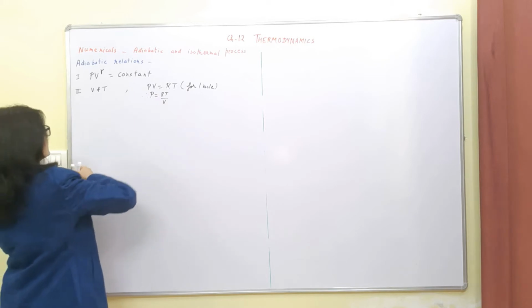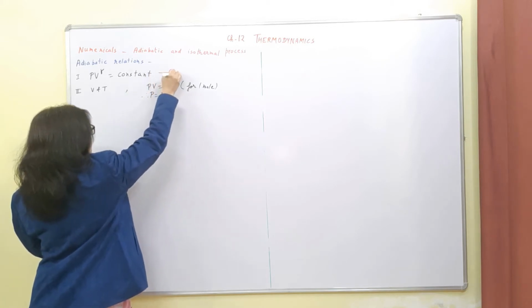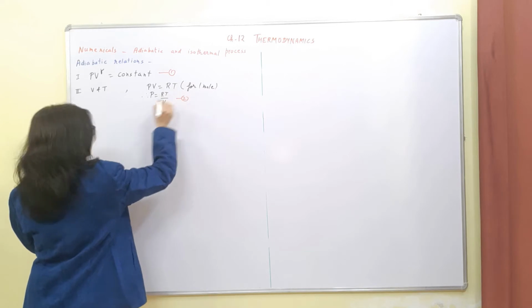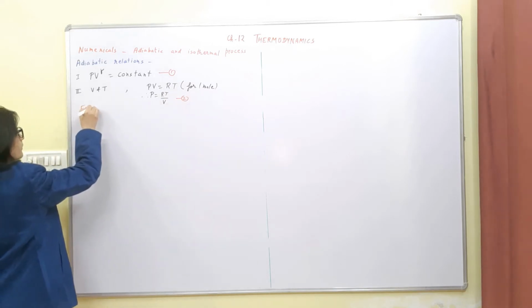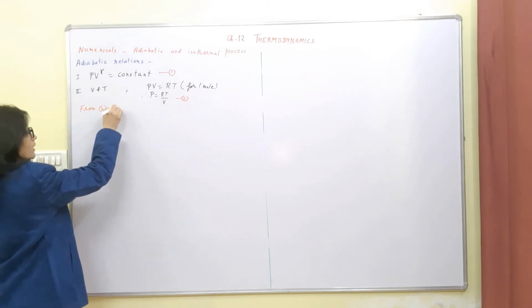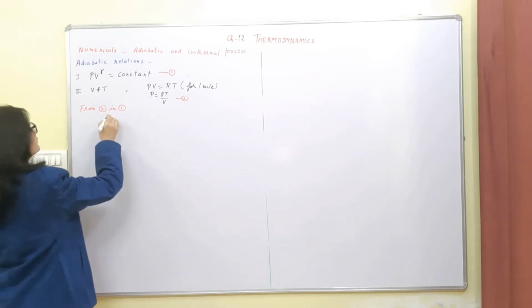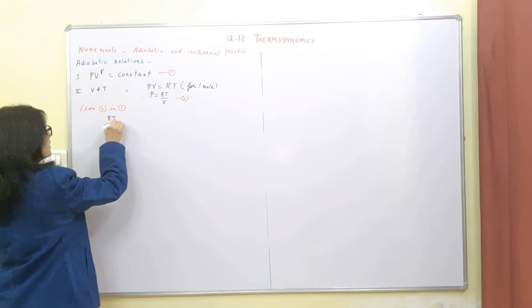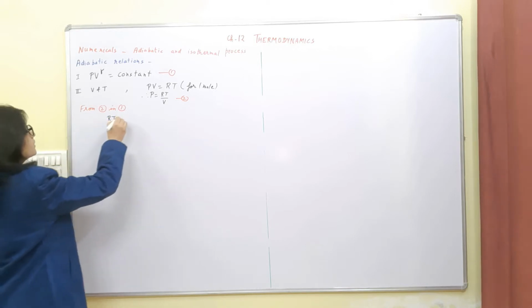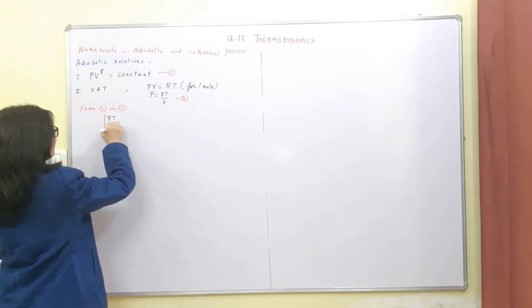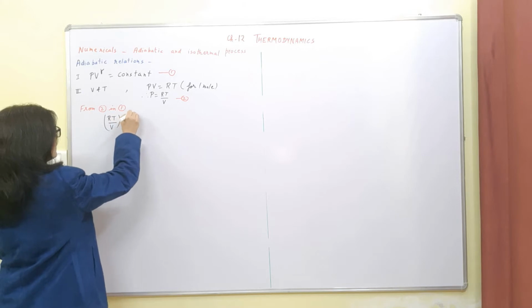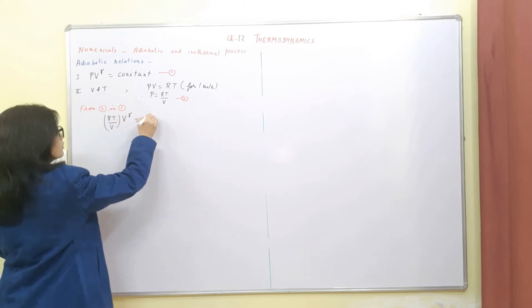If we mark this as our equation 1 and this as equation 2, so from 2 in 1, what will we get? We will get RT upon V to the power 1 into V to the power gamma is equal to constant, right?